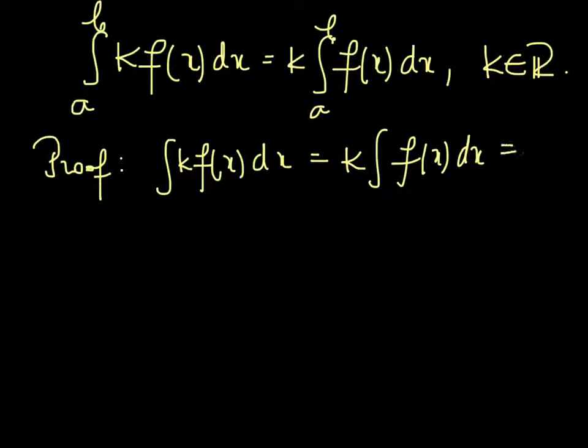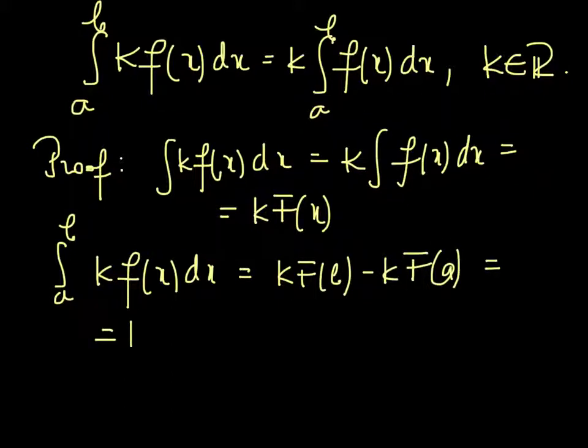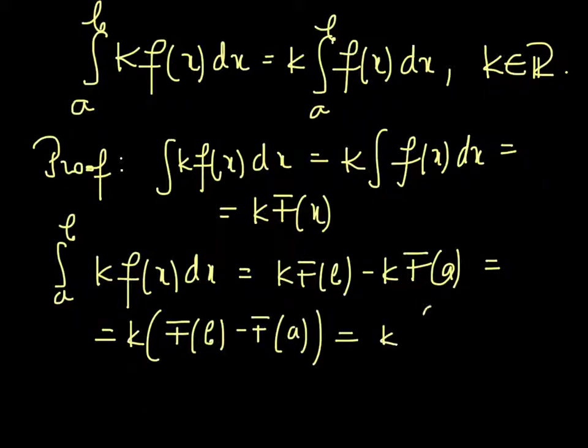And remember, we denoted the second one by F capital, so this is k F of x. Therefore, integral from a to b of k f of x dx equals k F of b minus k F of a. So it's k brackets F of b minus F of a, which is k integral from a to b of f of x dx.